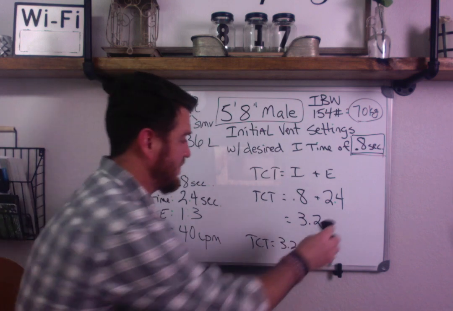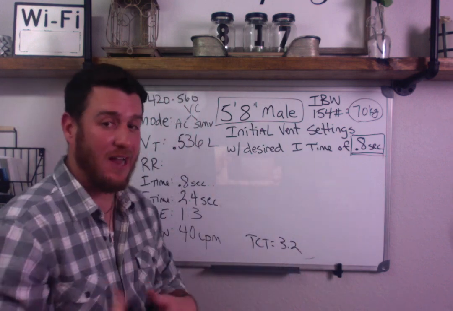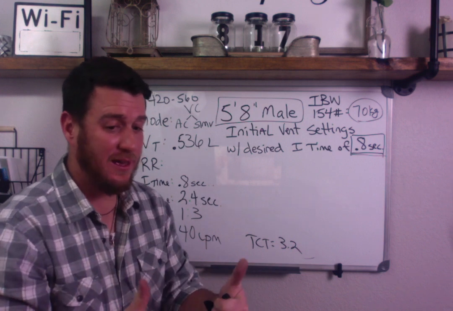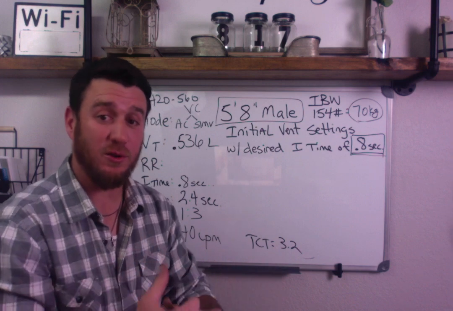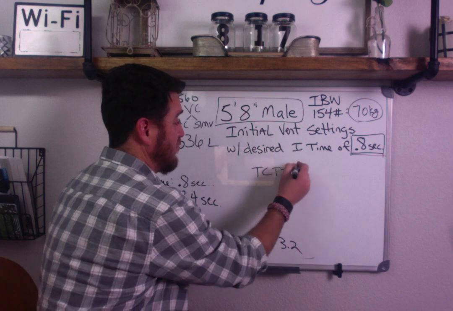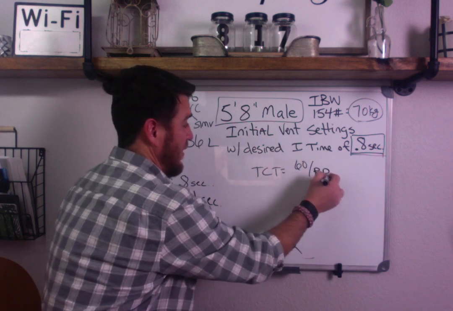Now watch this. Remember how to calculate total cycle time? If you have I to E, then you just add those two together, the I time and the E time, and you get total cycle time. But I also told you that to get total cycle time, you do 60 divided by the respiratory rate, right?